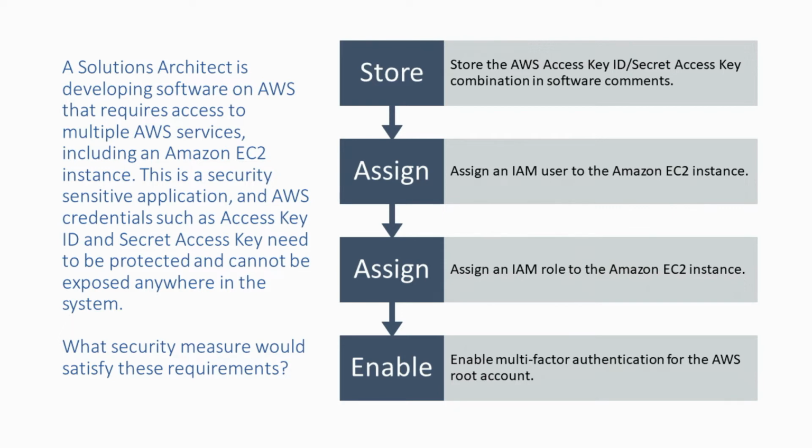Options we have: A. Store the AWS Access Key ID/Secret Access Key combination in software comments. B. Assign an IAM user to the Amazon EC2 instance. C. Assign an IAM role to the Amazon EC2 instance. D. Enable multi-factor authentication for the AWS root account.